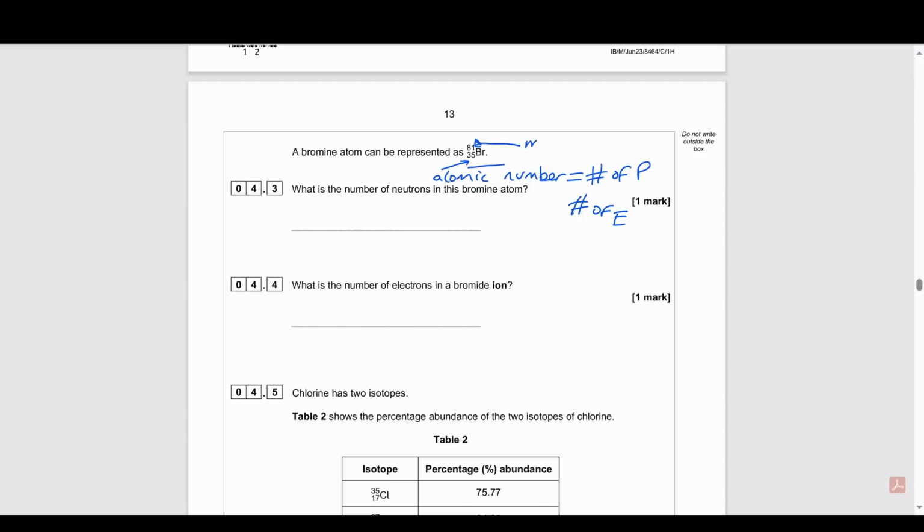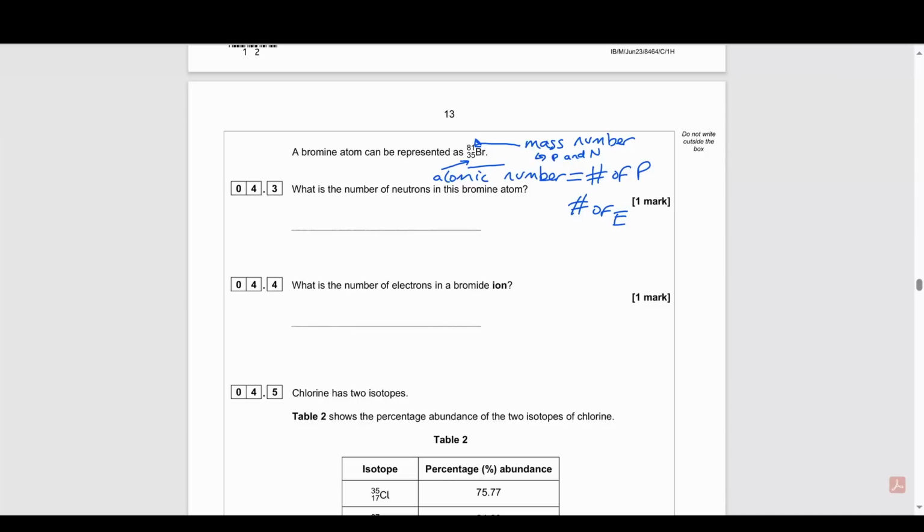And what that will represent is the total of protons and neutrons in the atom. So in this case, of bromine, this means that it has 35 protons, 35 electrons, but the total number of protons and neutrons together would be 81.